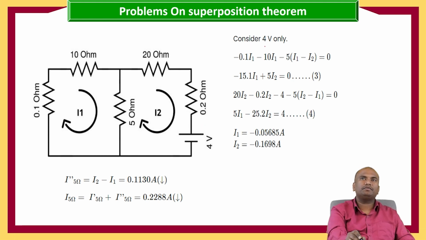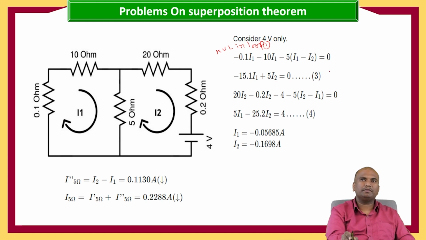So when we consider the 4 volt source, applying KVL in loop 1: minus 0.1 I1 minus 10 I1 minus 5 into (I1 minus I2) equals 0. That is minus 15.1 I1 plus 5 I2 equals 0.